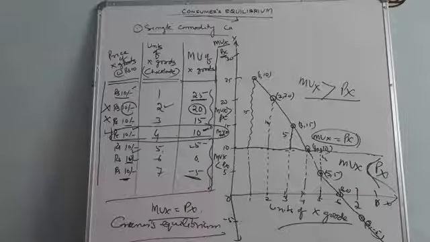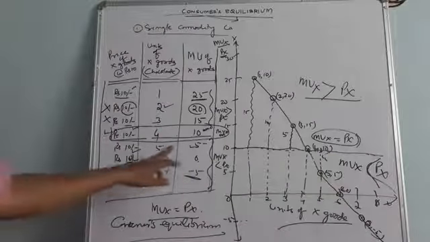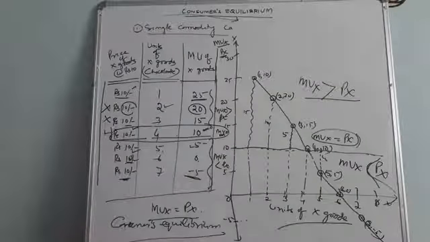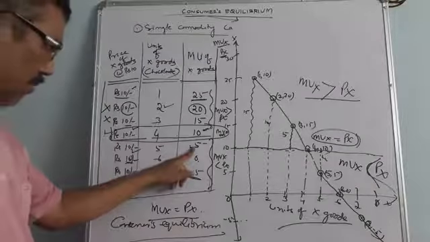Whenever marginal utility of X is less than price X, that is the fifth, sixth and seventh unit cases, a consumer suffers losses as he is paying more than what he actually gains. Actually, he pays 10 rupees and gains only 5.